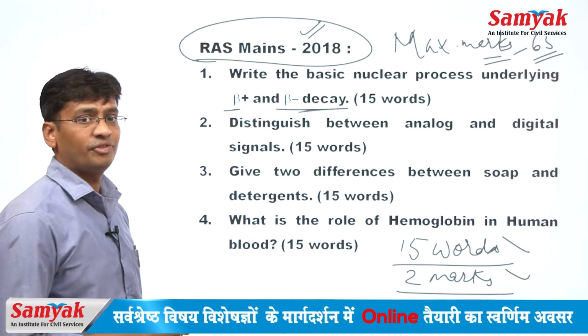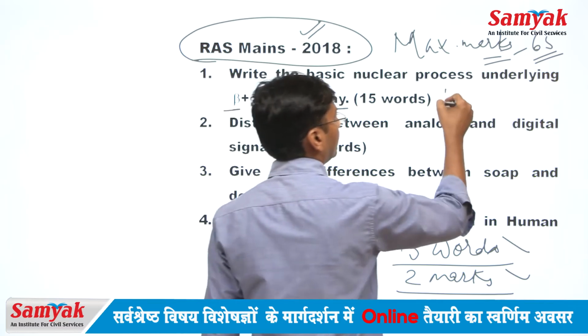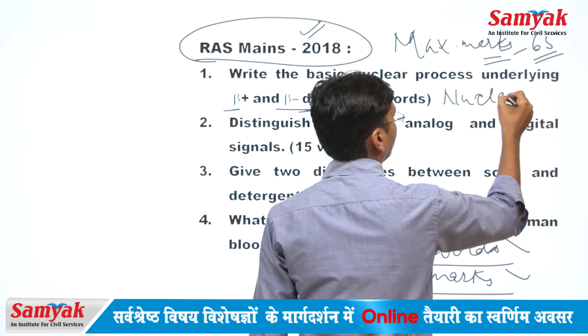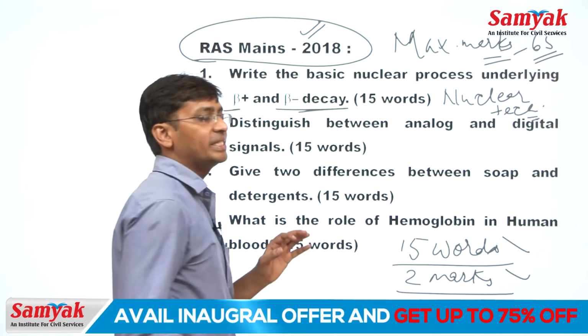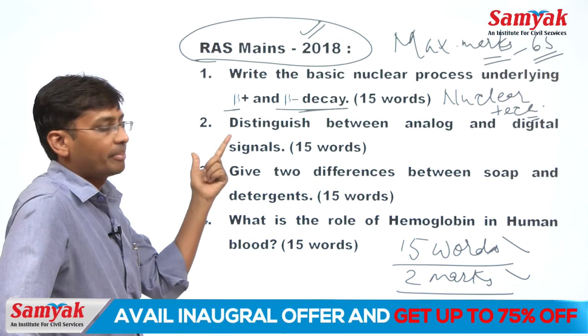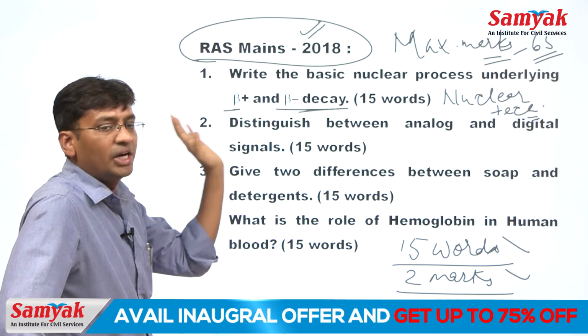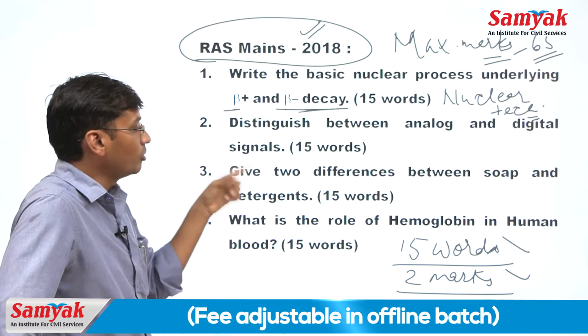This question is directly from the syllabus, related to the nuclear technology chapter, and actually from the radioactivity part. You have to answer this question in 15 words, 2 marks.